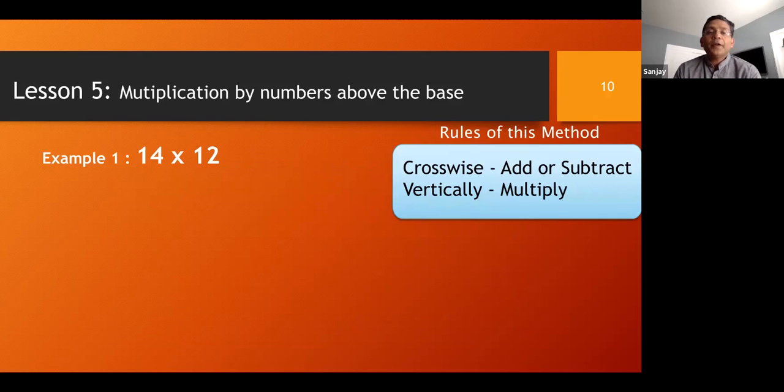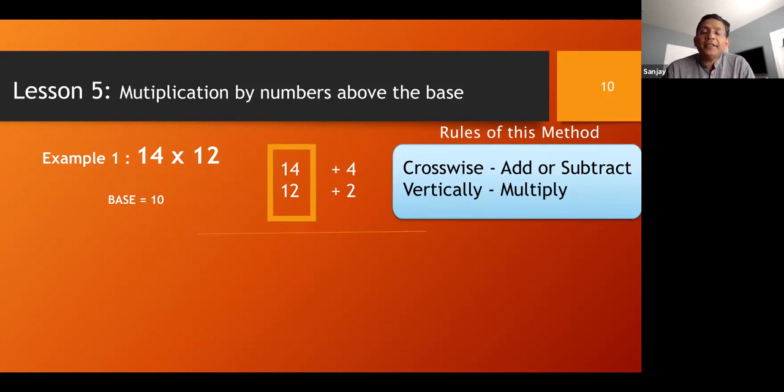These are two numbers that are close to the base of 10, right? 14 and 12. This is a snapshot of a lesson which I have, which is numbers above the base. First, we know the base is 10. We put these two numbers on the side, 14 and 12.